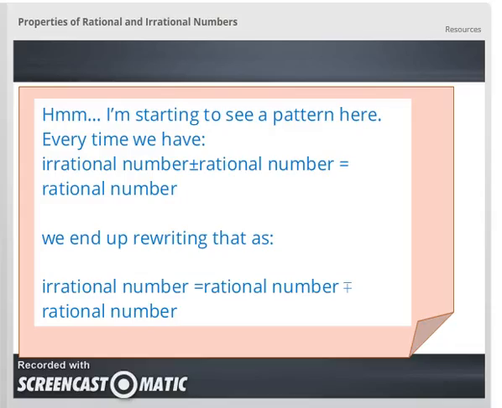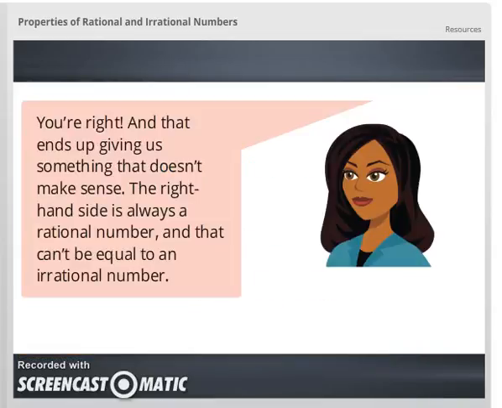I'm starting to see a pattern here. Every time we have an irrational number plus a rational number equaling a rational number, we end up rewriting that as an irrational number equaling a rational number minus a rational number. You're right, and that ends up giving us something that doesn't make sense.